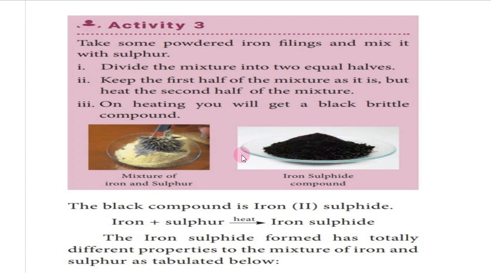These are two elements combined together to form a new substance, that is called a compound. So we got a new substance, iron sulfide compound. Have you understood? From this table they can ask what is the color of iron sulfide. Black color.